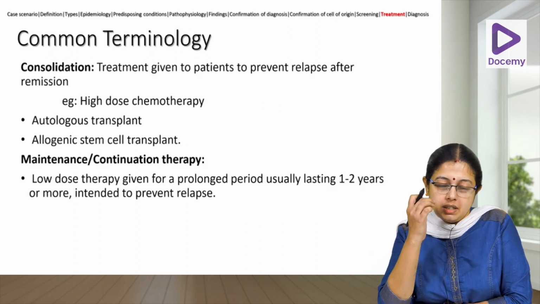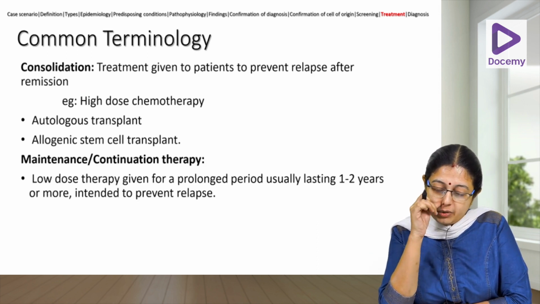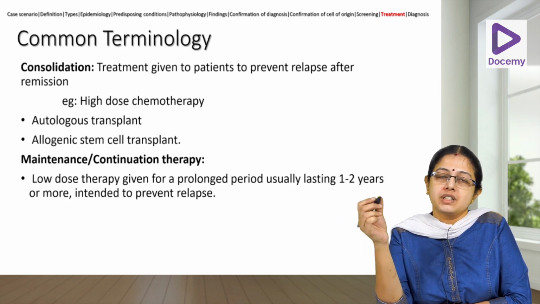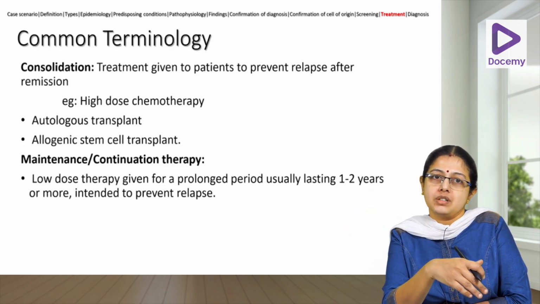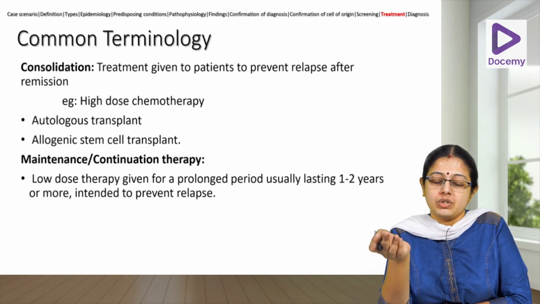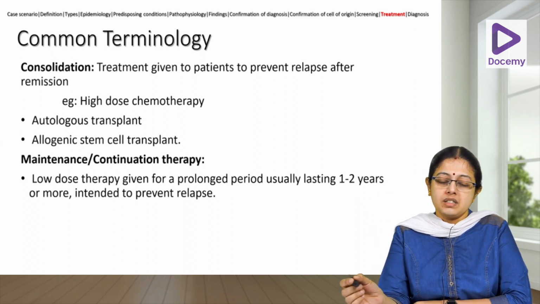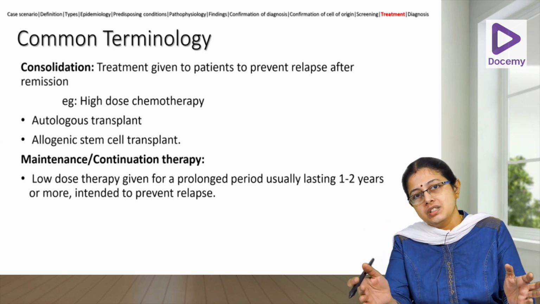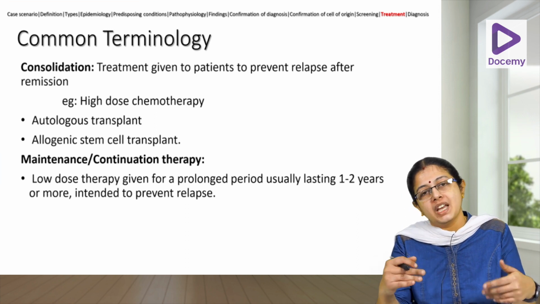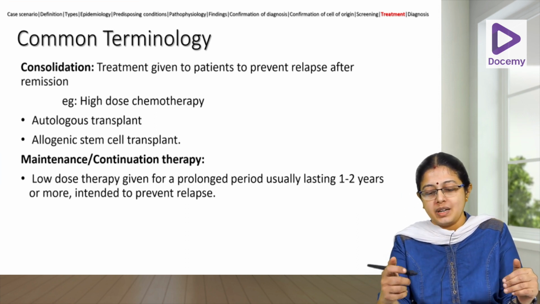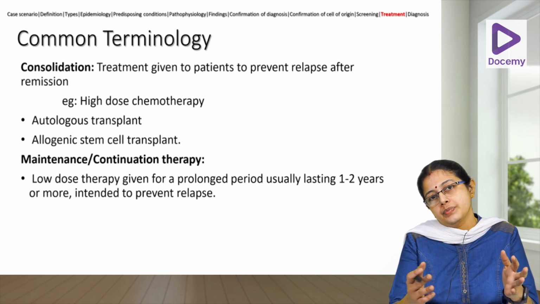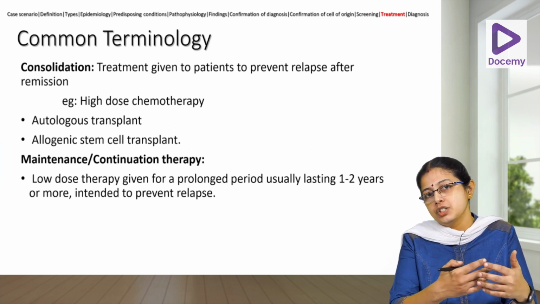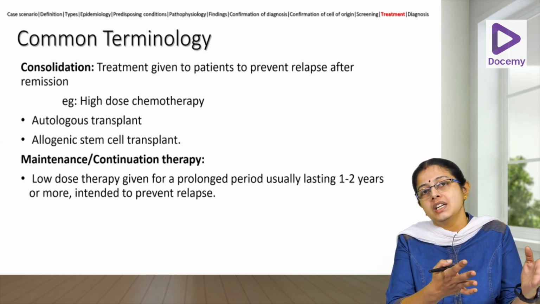Now, another terminology used commonly in leukemia treatment would be consolidation. I mentioned consolidation during the autologous and allogenic stem cell transplantation. The consolidation is the treatment given to patients who have achieved remission, and it is intended to prevent relapse. So, consolidation is not the treatment which you give to a patient who has an active disease.